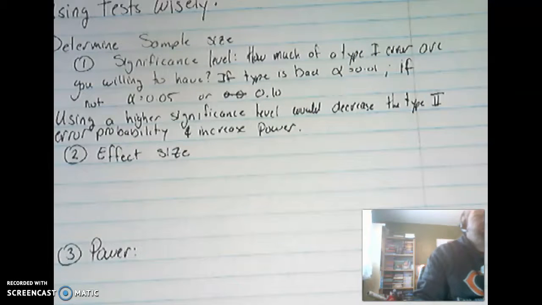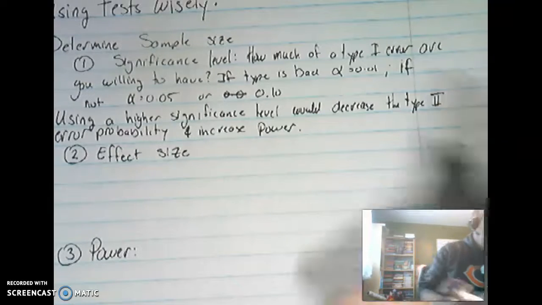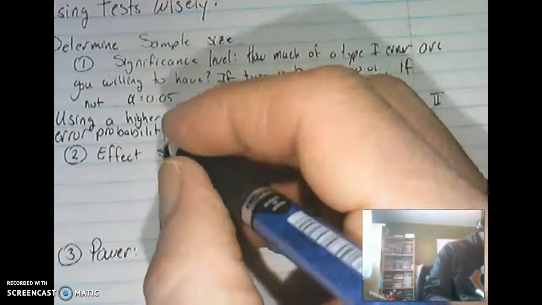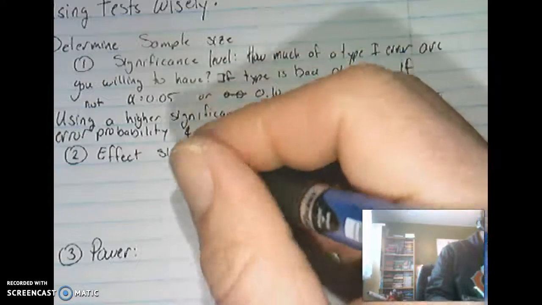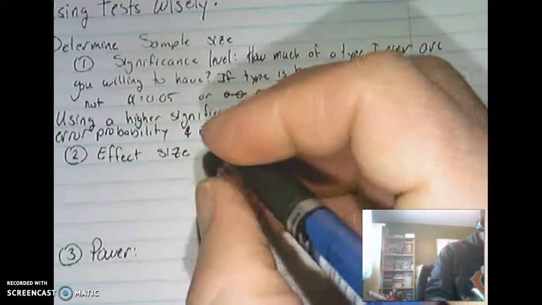Okay. All right. So the next one is our effect size. How large a difference between the null parameter and the actual parameter value is important for us to detect.